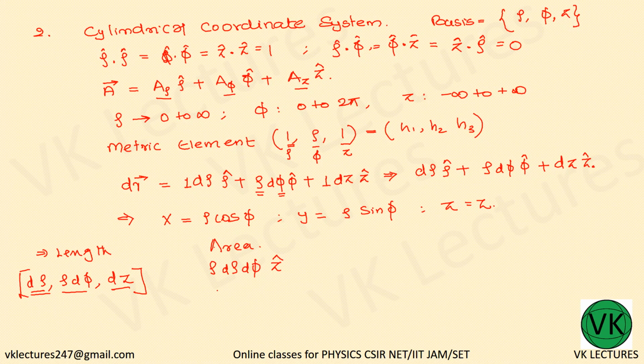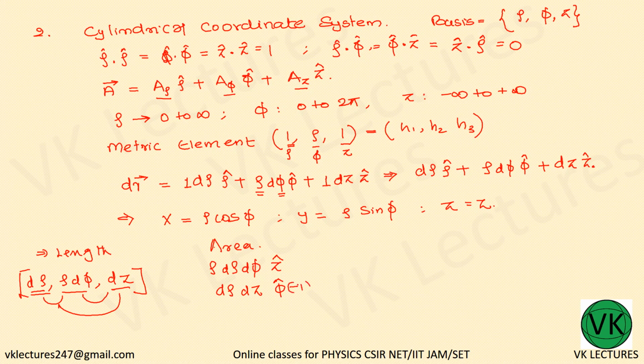Now I am multiplying this with this, so it becomes d rho dz. If I write like this, d rho dz, it will be in the direction of phi cap, but since I have taken it in the reverse order, it should always go in the cyclic order, 1 2 and back. So if I have changed the order, I have to put a minus sign.